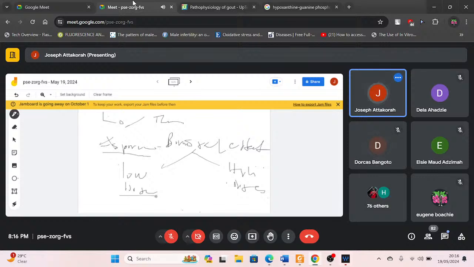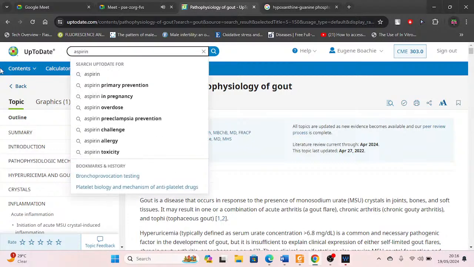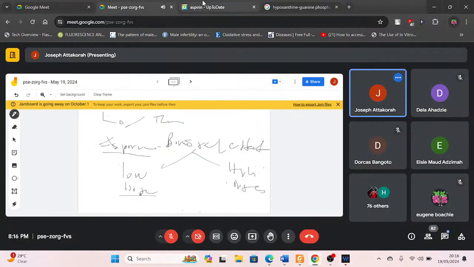So the low doses will increase the uric acid levels, but high doses will increase the excretion of the uric acid.